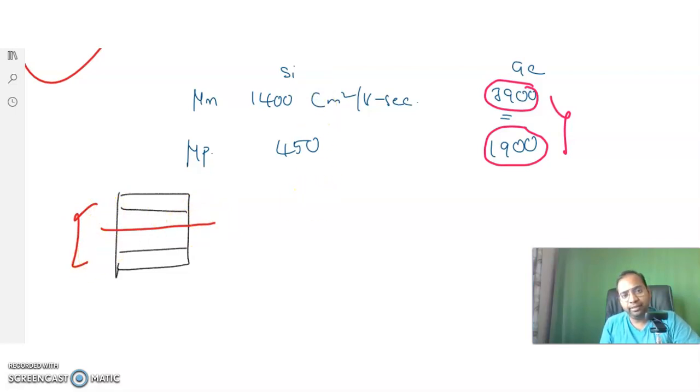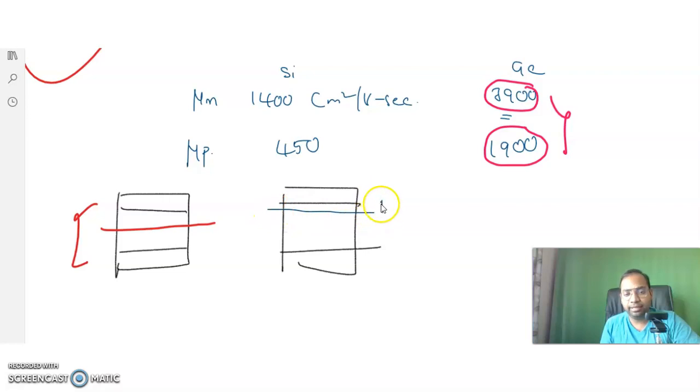If I take the n-type semiconductor, then the Fermi energy level lies nearer to the conduction band. We can take it as EFN. If I take the p-type semiconductor, then the Fermi level lies nearer to the valence band. Got it? Now the expression is also there, so I will give that expression.